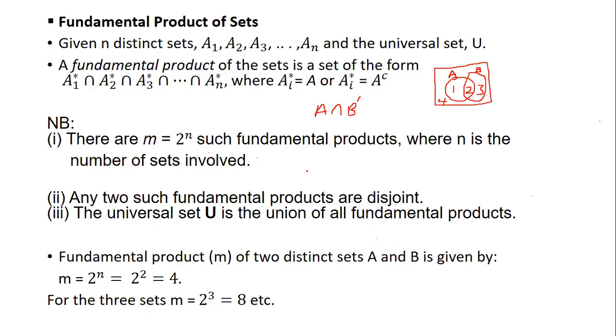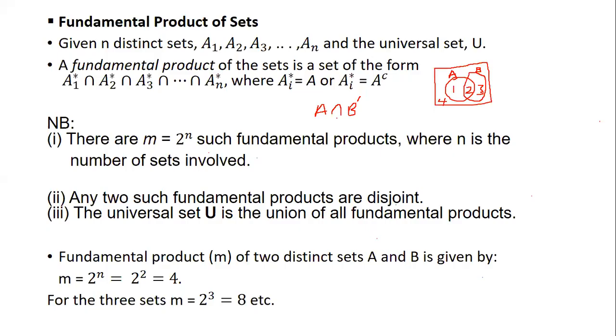Like what we have on the diagram here, we can name 1 as a region of A, but not B. It's an intersection. So A intersection B complement. Now similarly, we can also name B only, or we can say that it's also B intersection A complement. Is that okay?